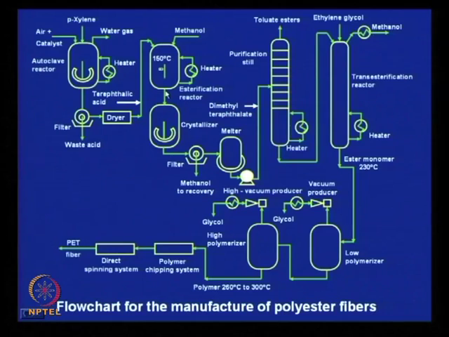And this DMT is crystallized in a crystallizer in another unit. So, DMT crystals are formed in methanol and methanol is separated and sent to recovery, which can be recycled to this step.